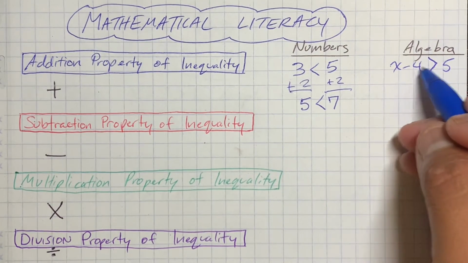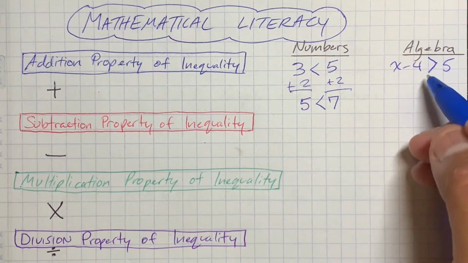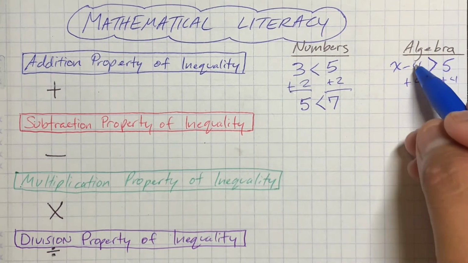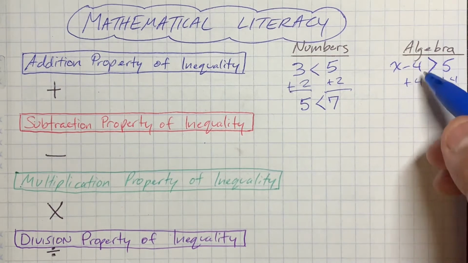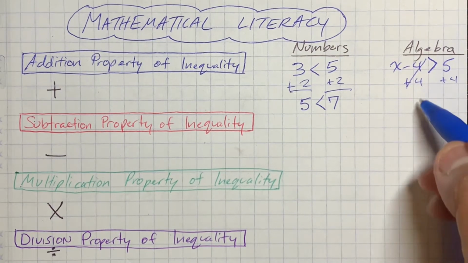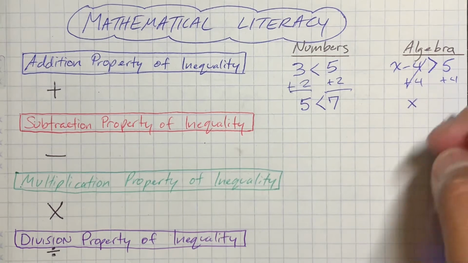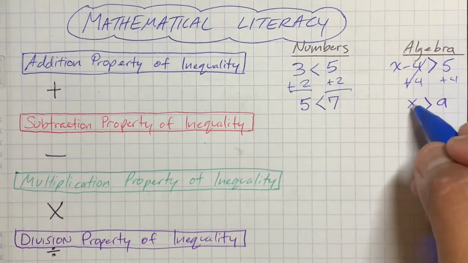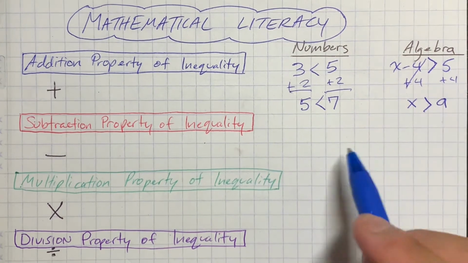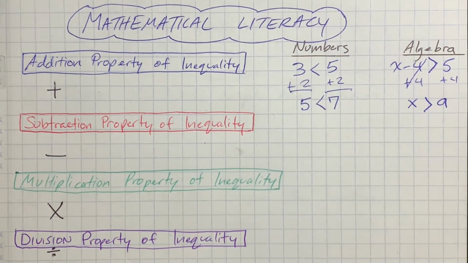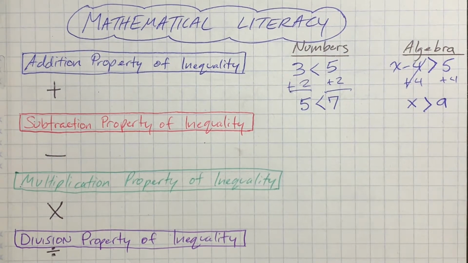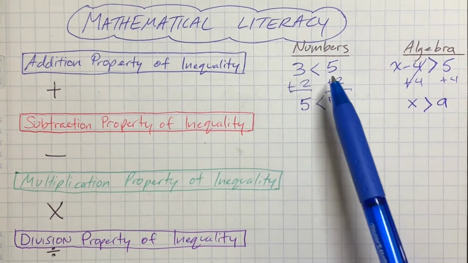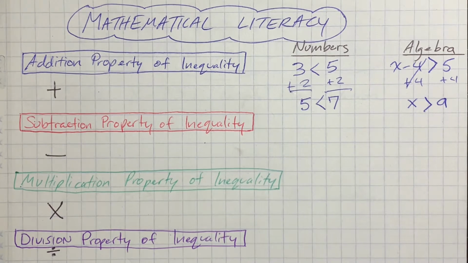So if we have a negative 4 here, we're going to add 4 to both sides of that inequality. Negative 4 plus 4 is 0, so this cancels out. x is by itself, and 5 plus 4 equals 9. So x is greater than 9. That's what that means. And just remember that when you add the same number to each side of an inequality, that inequality remains true.